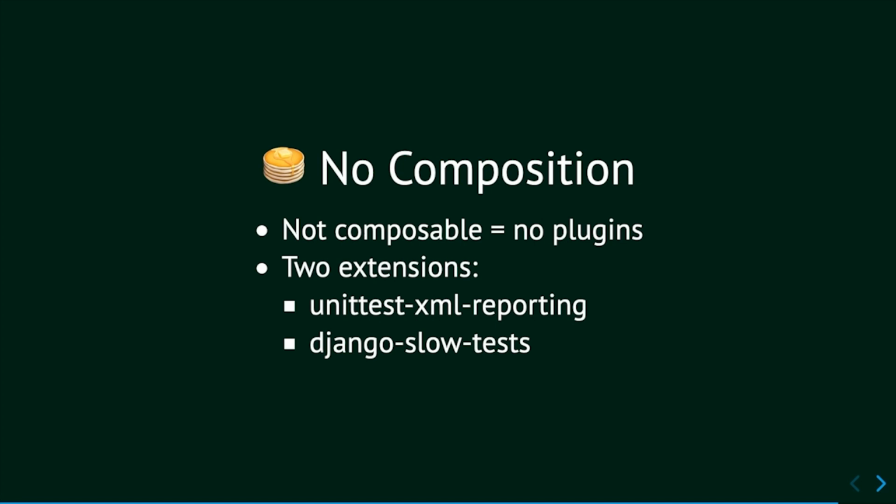Another one is Django Slow Tests, and this adds a piece of output at the end to record which tests were the slowest, so you know where to start optimizing. But I'm not aware of any ability to combine them together without performing a lot of class surgery and replacing different attributes inside of the Discover Runner, doing multiple inheritance, perhaps on several of the different pieces, and then there's no guarantee that they'd work together.